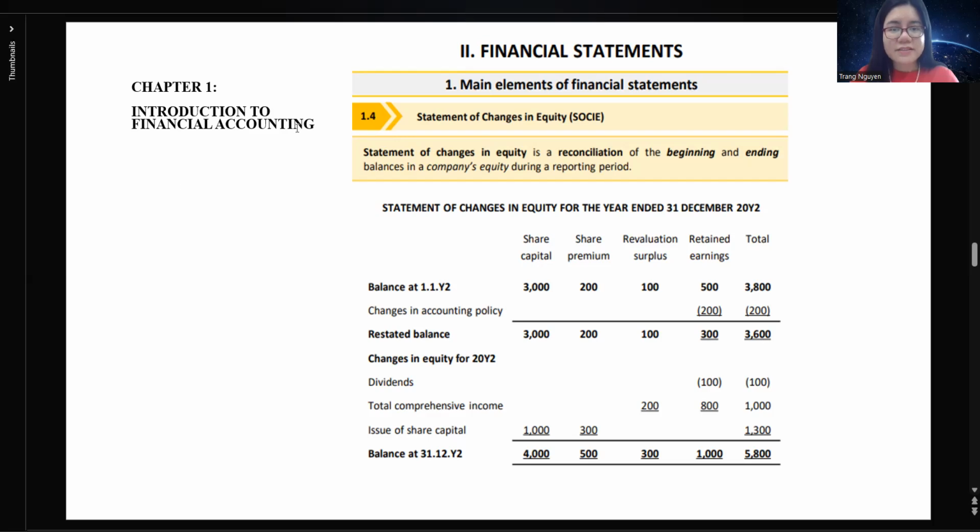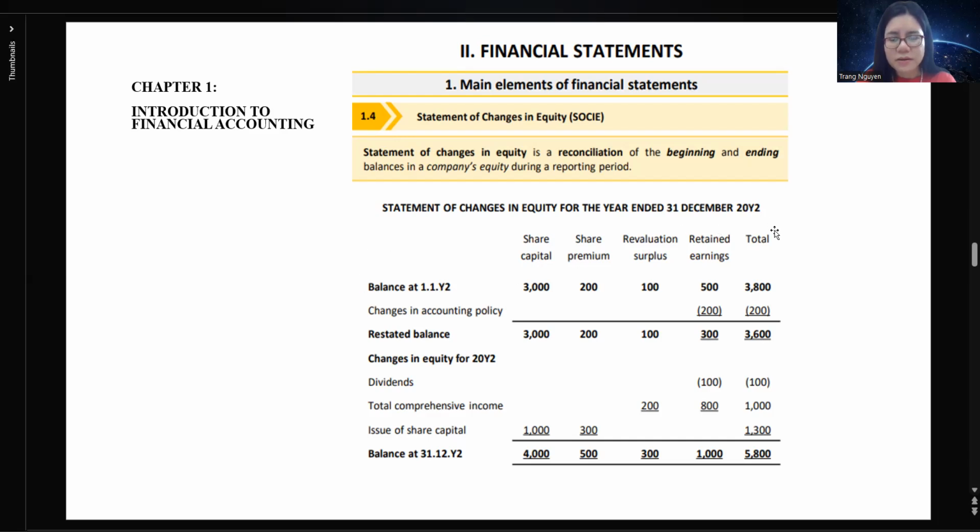SOCIE. The statement of changes in equity is a reconciliation of the beginning and ending balances in a company's equity during the reporting period. As you can see on your screen, it is a sample of a statement of changes in equity for the year ended 31 December year 2.